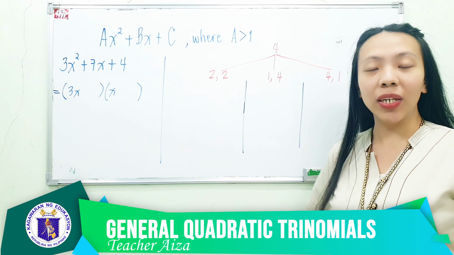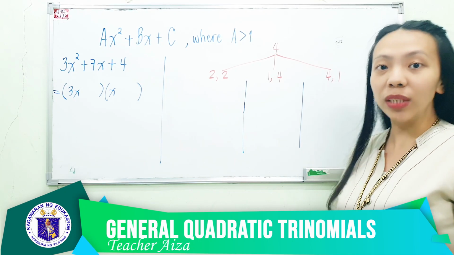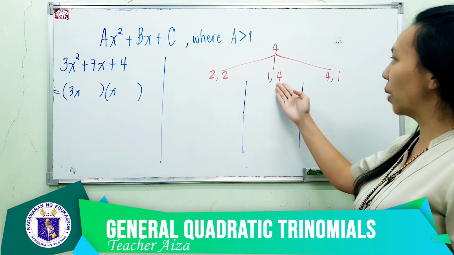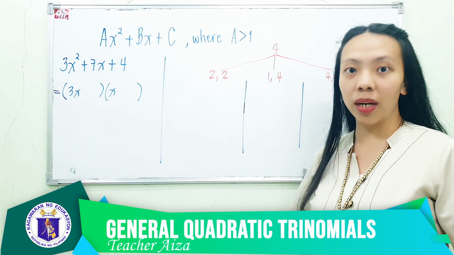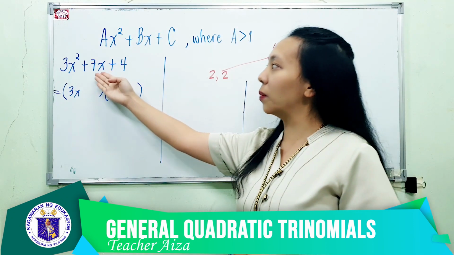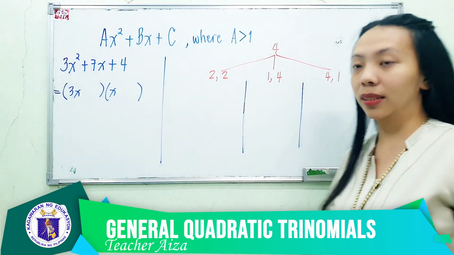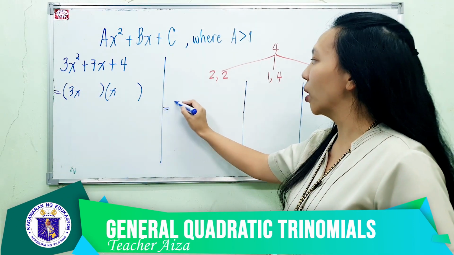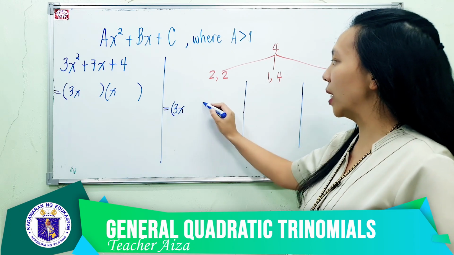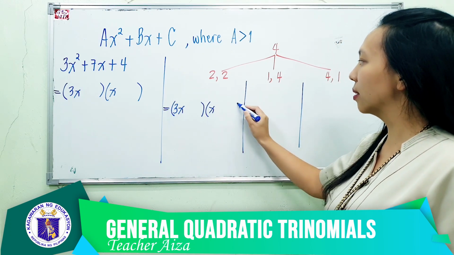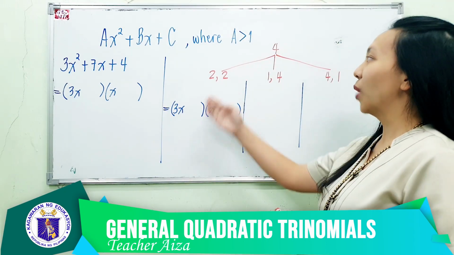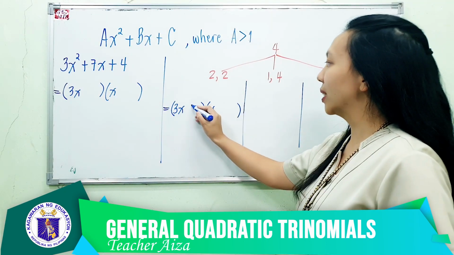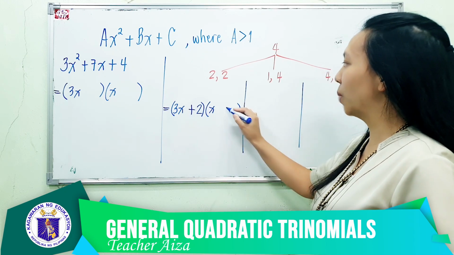Through the trial and error method, we are going to find out which of these pairs of factors, when combined with the factors of 3x squared, will yield to our middle term, 7x. So, we are just to copy 3x and x, the first terms of our binomial factors, and write 2 and 2 as the second terms of these binomial factors.